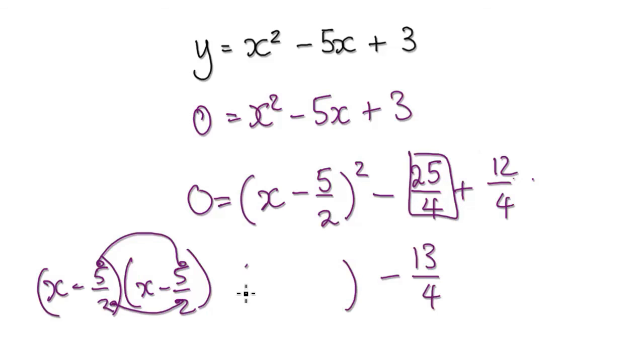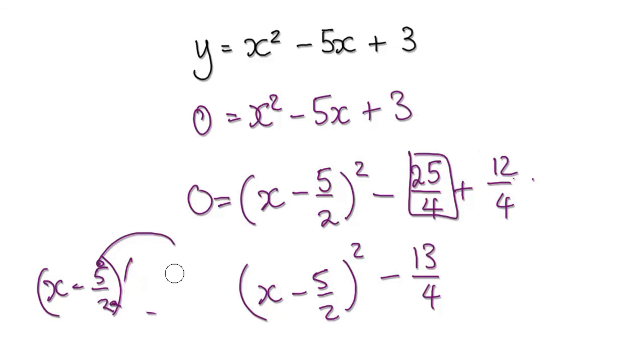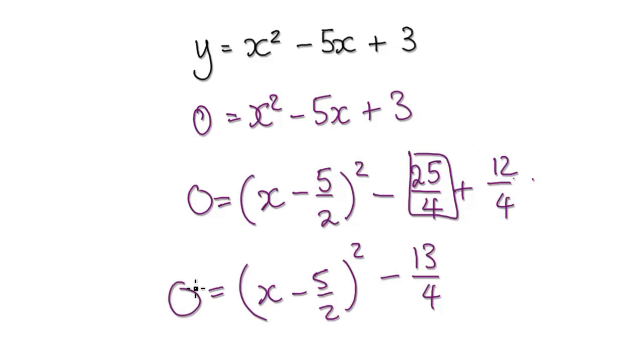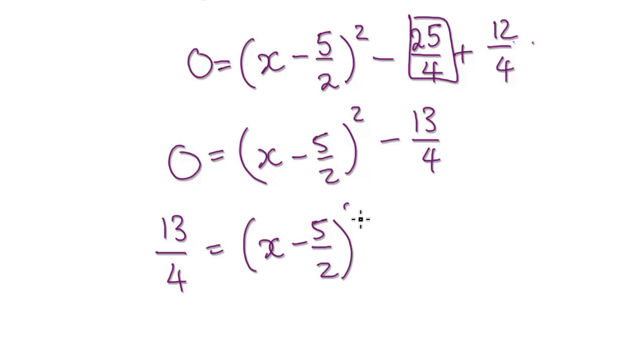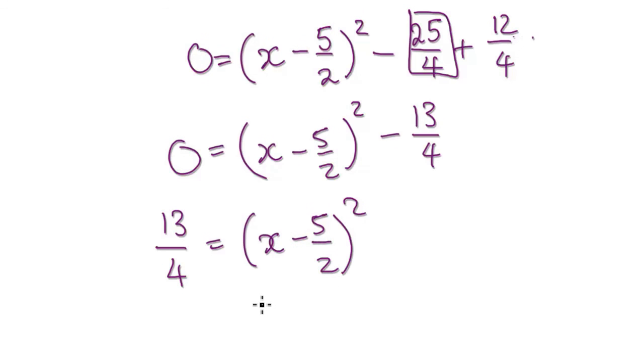So now we've got this thing here, x minus 5 over 2 squared, minus 13 over 4, equals 0 here. So now all we need to do is rearrange it to make x the subject. Add this thing to both sides. So that would be 13 over 4 equals x minus 5 over 2 squared, and then now square root both sides.